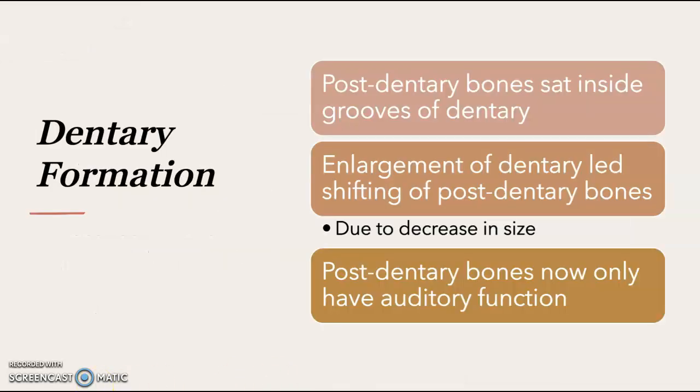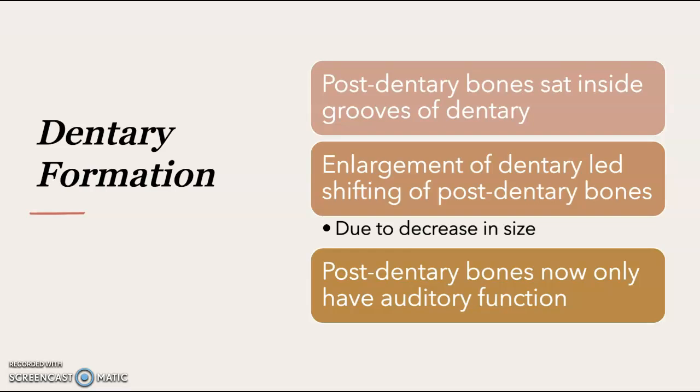So it's important to note that evolutionary history suggests that the lower jawbone increased in muscle attachments, like the jaw joints, in order to decrease the jaw element structures that resided in these bones, and therefore would increase the sound transmission due to the smaller bones. So those bones, the postdentary bones, which were in our case the quadrate and articular, once sat inside the dentary in tiny little grooves.